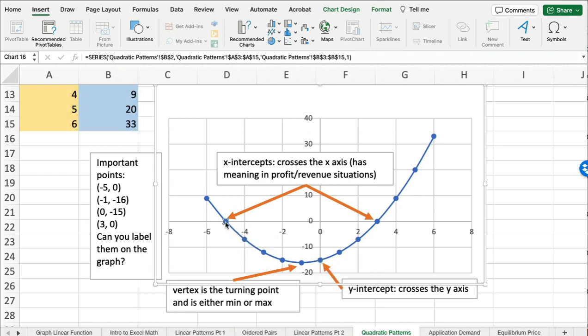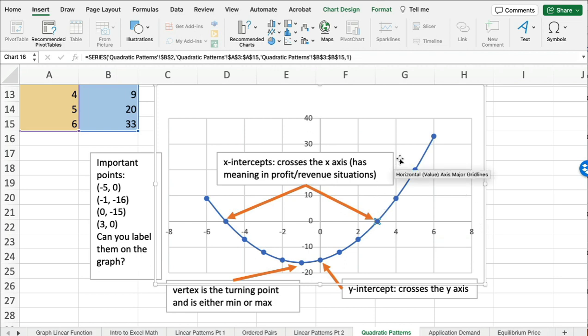Then it just so happened in our problem that we had two x-intercepts. We had one over here to the left with coordinates -5, 0, and we had one over here to the right with coordinates 3, 0. Depending on the situation that you're in, these points can mean something.